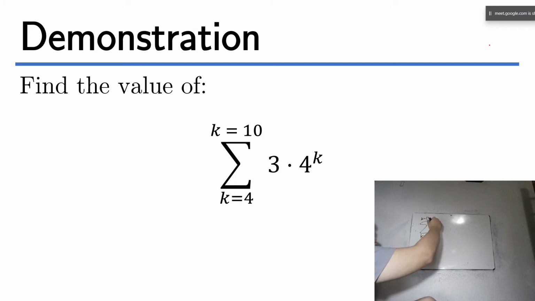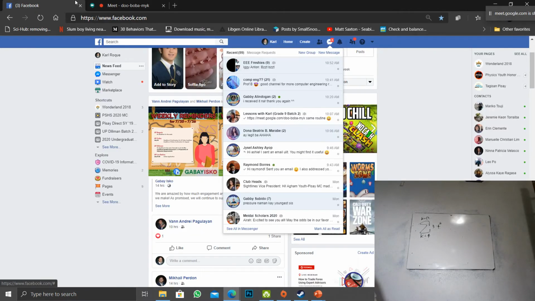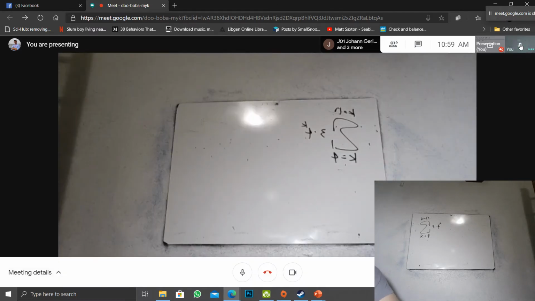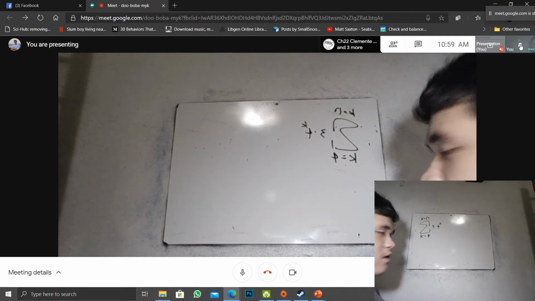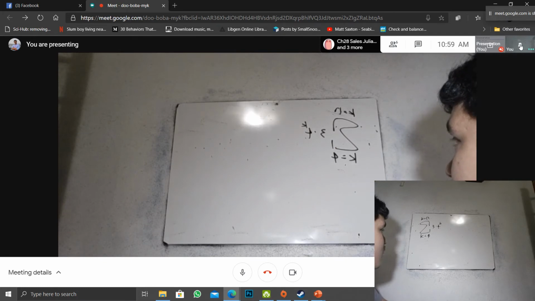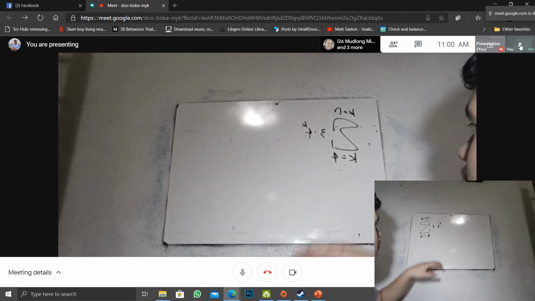Tingnan na kayo sa board. Ganun lang. Same as the process sa sum. Hanapin natin yung first term. Dito, first term lang yung important, kasi sa formula naman natin, a sub 1 times 1 minus r raised to n lang parati, di ba? So, first term lang hanapin natin.